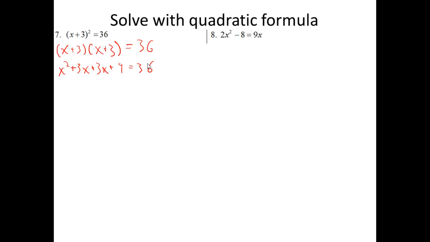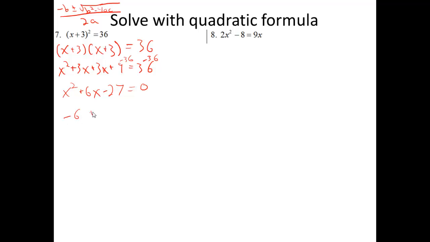Now we're going to combine the like terms. We'll subtract 36 from both sides. And we have x squared plus 6x, 9 minus 36, going to be a negative 27, is equal to 0.